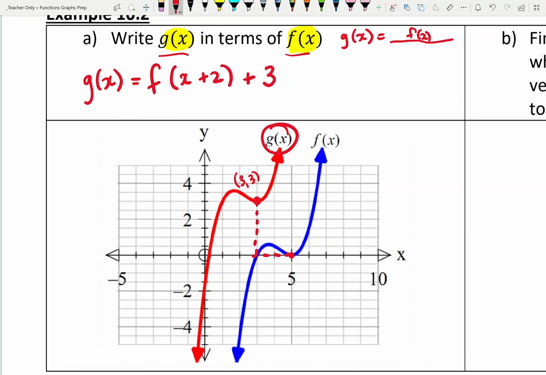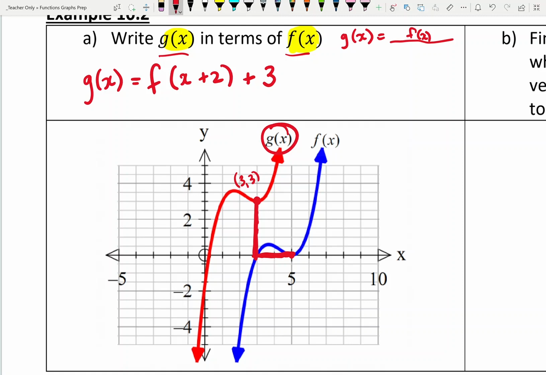So g of x is actually f of x plus 2 plus 3. The x plus 2 translates 2 units horizontally to the left, and the plus 3 translates 3 units up. So the trick with these is just finding a corresponding critical point and moving it.